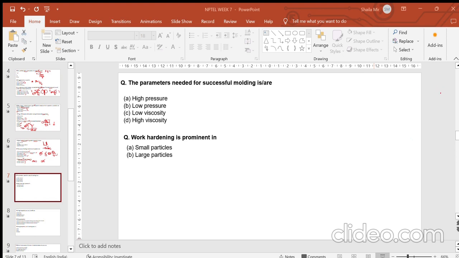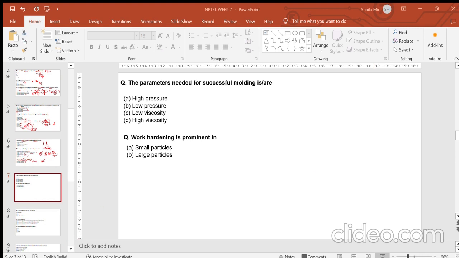So for de-agglomeration also such mills are being used. The concept is same in both cases. They will let you find the critical speed of the mill or the critical speed of the mixer. Based on the diameter of your mill and the diameter of the grinding media, you can identify the critical speed of the mill.